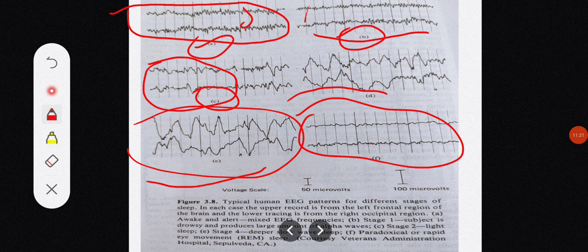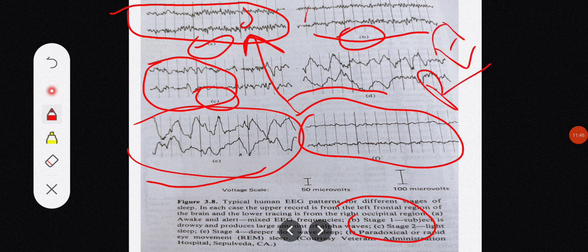So this state is referred to as paradoxical sleep, because here the EEG waveform is more or less like that of a person who is in an alert or awake condition. Another name for this is rapid eye movement sleep, or REM sleep.